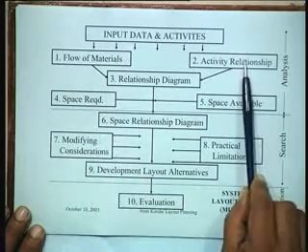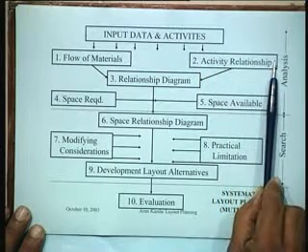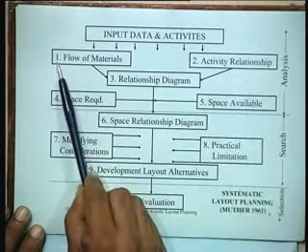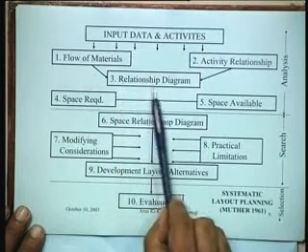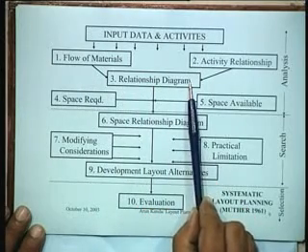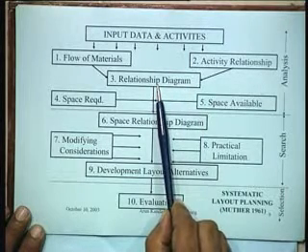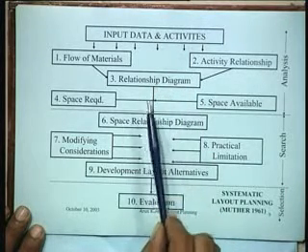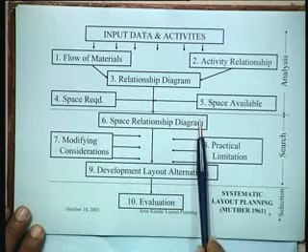The second step that is done is to identify the activity relationships. Based on step 1 and step 2, we develop what is called a relationship diagram. And then this relationship diagram is converted into what is called a space relationship diagram.